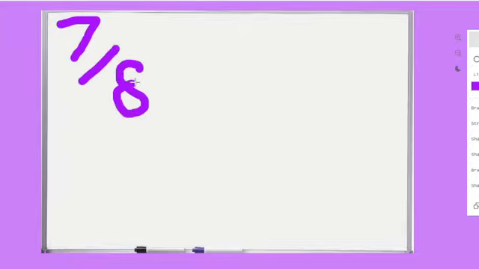Okay. Now we need to convert 7 out of 8 into a decimal. That's easy. You can get out a calculator. He got Desmos's scientific calculator out.